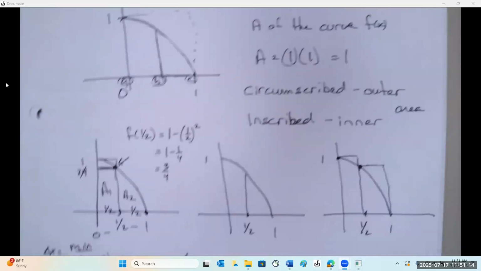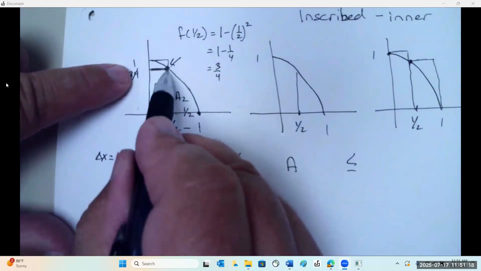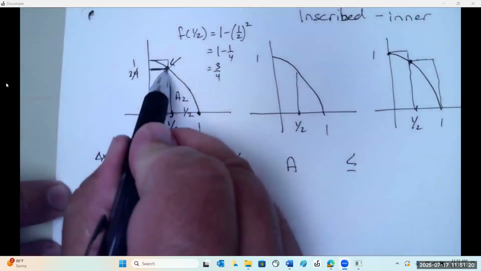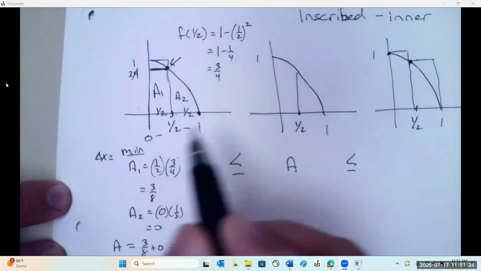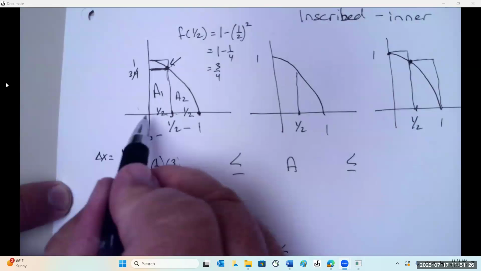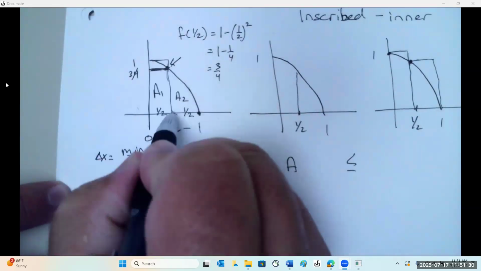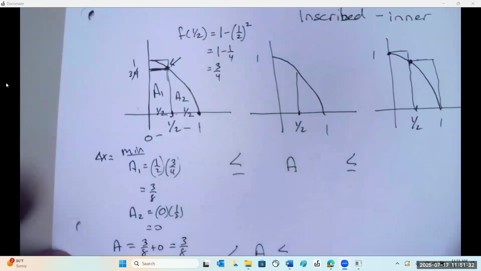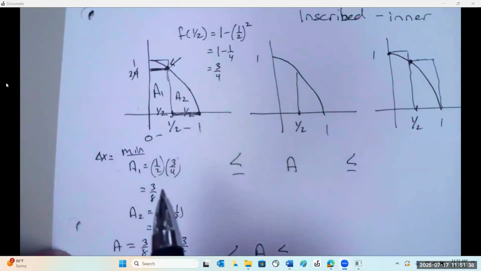Okay. So in an interval, if we're looking for the minimum aspect, we want the area to be inside the graph itself, when it's inscribed. So in this case, we chose the right endpoint because it'll give us a rectangle inside there. And because we use the right endpoint from this point, the area is zero.